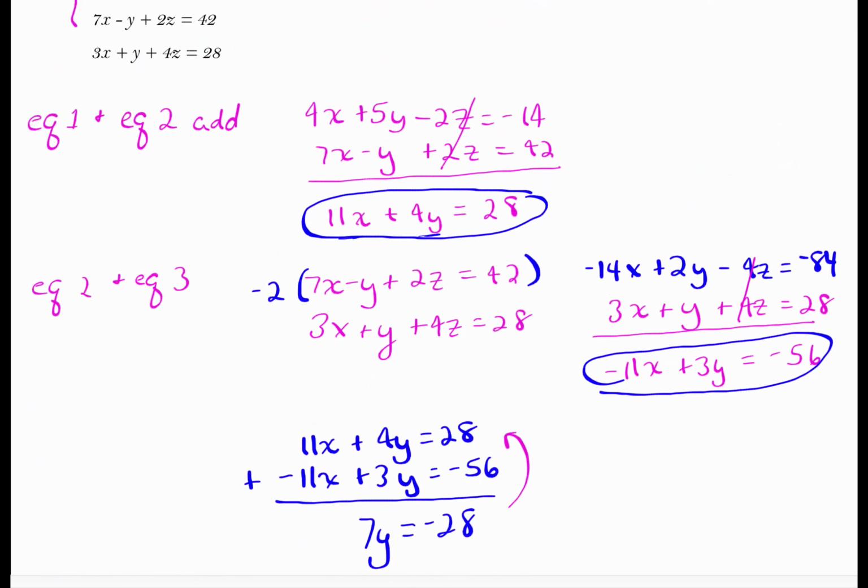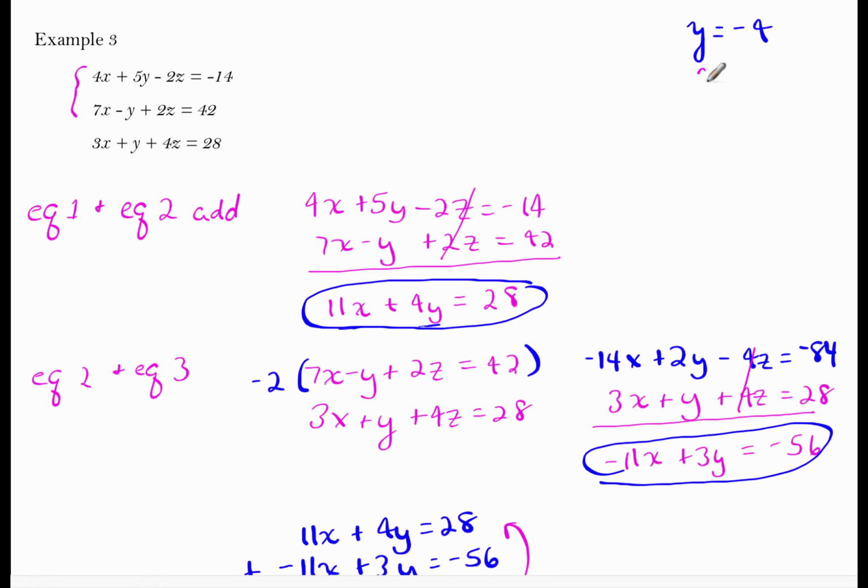Come back up here. Now I know x equals 4, and I've got 2 out of 3. So all I have to do now is pick my easiest equation that I have left here and put in x equals 4 and y equals negative 4. And that to me looks like equation 2.